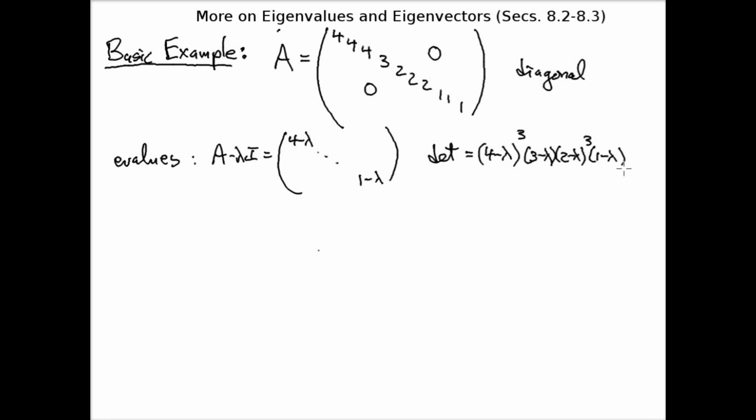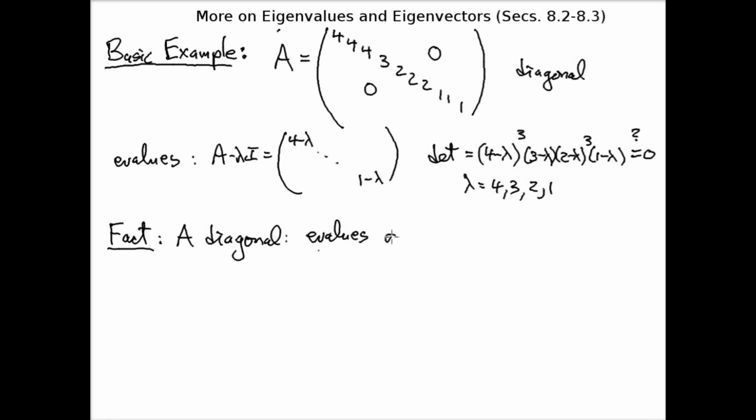And it's obvious that if you set that equal to 0, the solutions are 4, 3, 2, and 1. So the eigenvalues are the diagonal entries. So that's a basic fact: if A is diagonal, the eigenvalues are the diagonal entries.